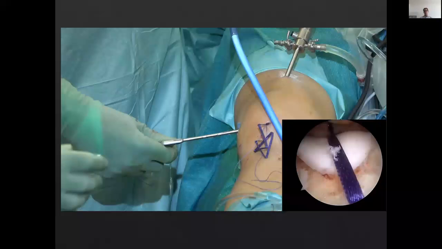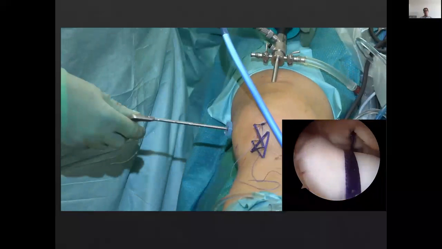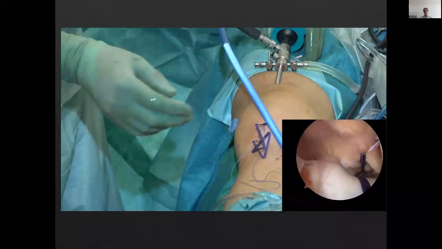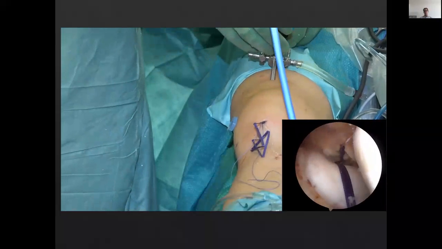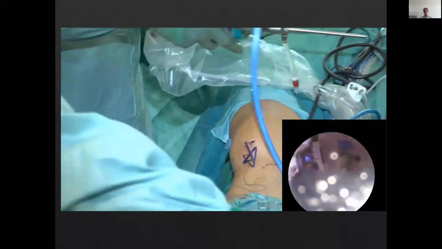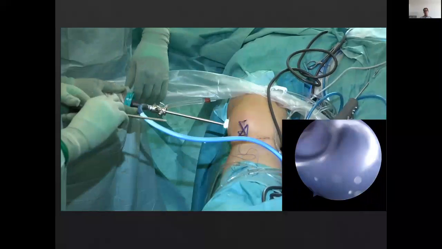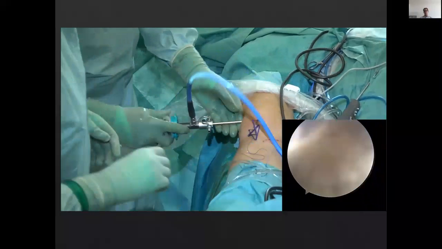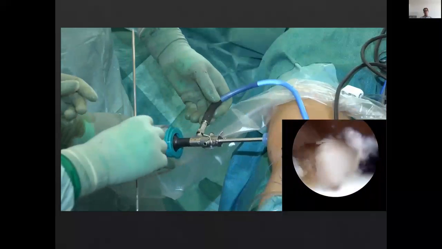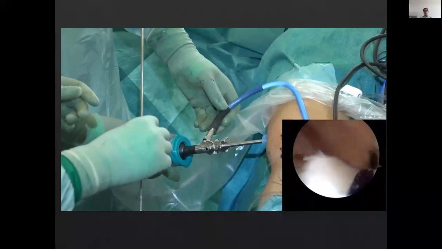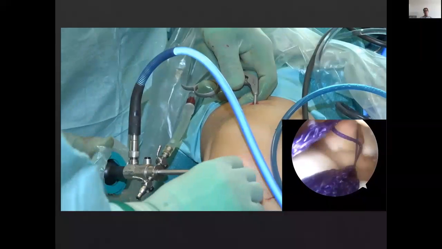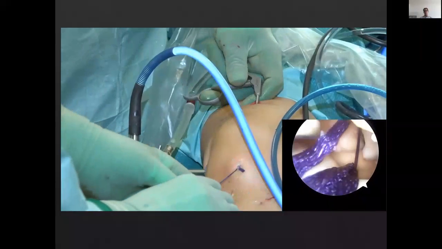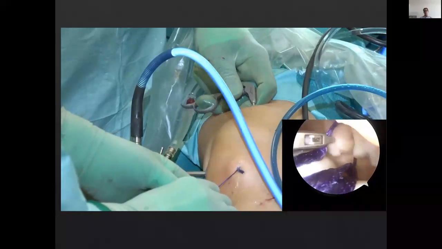However, perhaps one suture is not enough, and therefore I grab one more of the tapes and bring it proximal, and then I place the next anchor. In some cases I use 3 anchors proximal, and in some cases I only use 2 anchors.